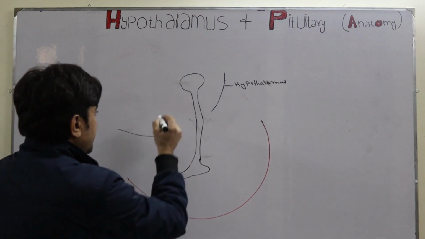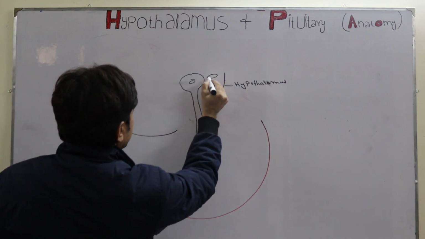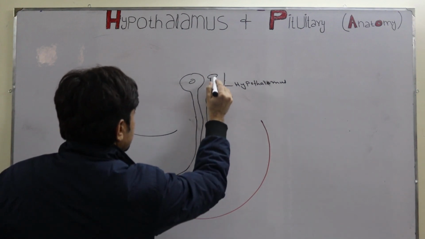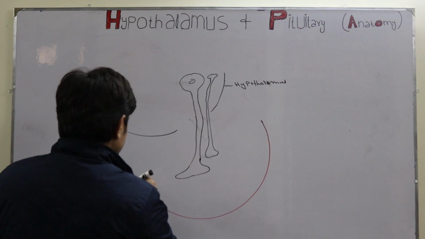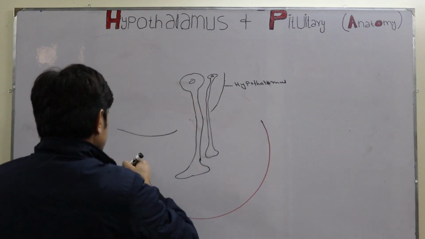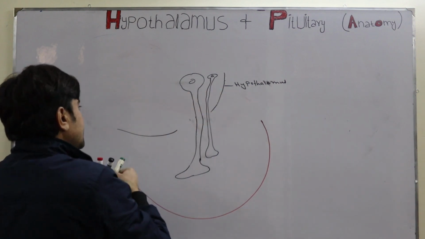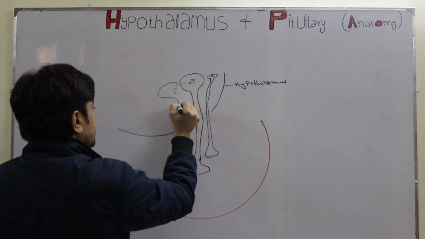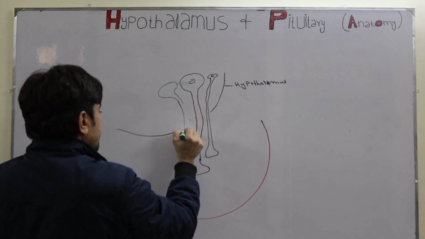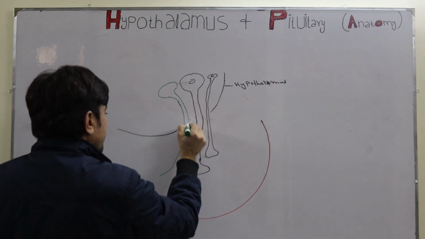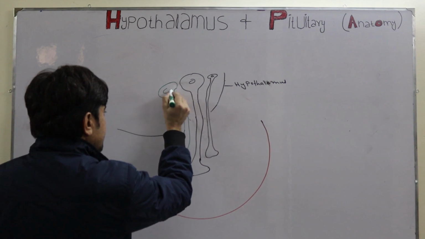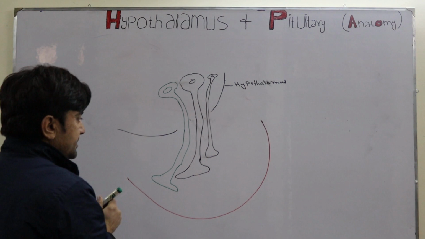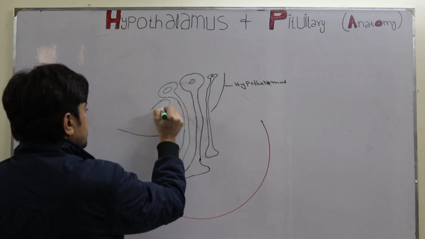pituitary gland, and this is one type of neuron, this is another neuron, and here are the cell bodies, and here are other types of neurons. These are the cell bodies, and this is the process which extends from the hypothalamus downward. This process which extends from the hypothalamus is called the axon. So these are the axonal fibers ending here, and here is another.